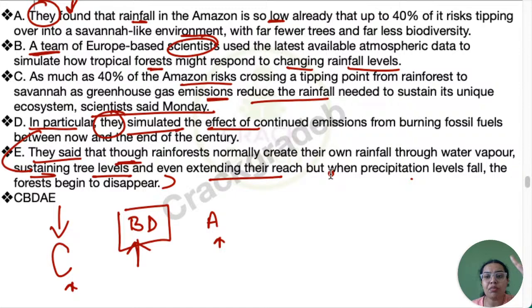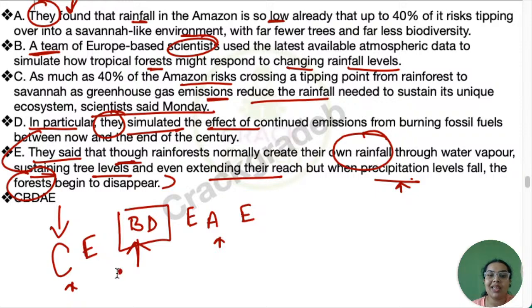They are giving an explanation now that normally they create their own rainfall, okay, through the whole process, but when precipitation level falls, of course it affects the forest. So because of the conclusive tone, I can hit and try also. You can go through this method where you can place E at 3 places and see it is not gonna work here, it is not gonna work here.